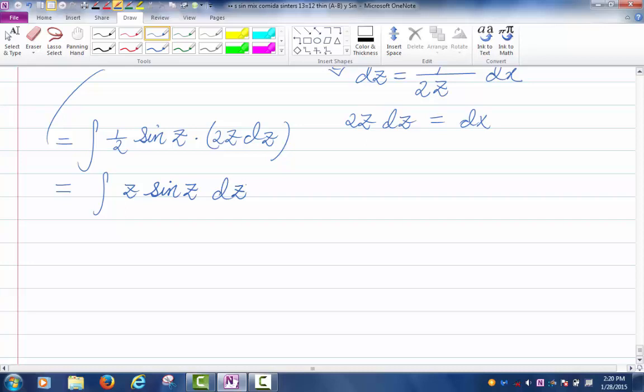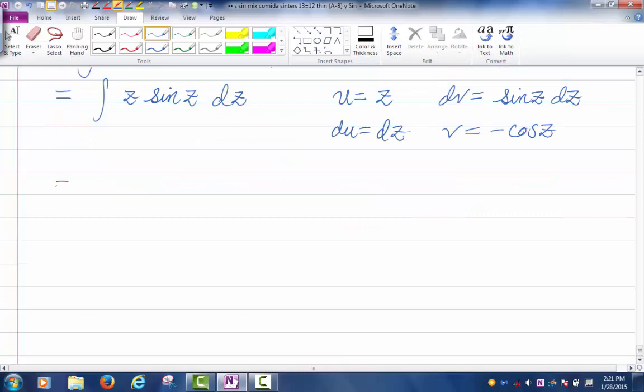Now we apply integration by parts. What should I pick for u? The polynomial part, z, and dv would be the trig part, which is sine z dz. And so du would be dz, and v would be negative cosine z.